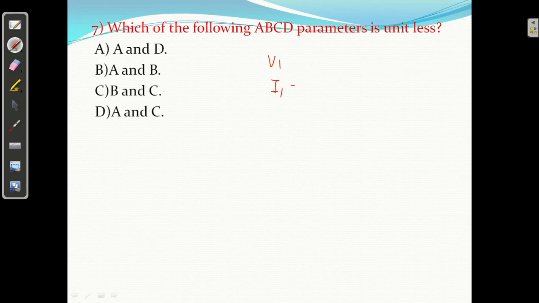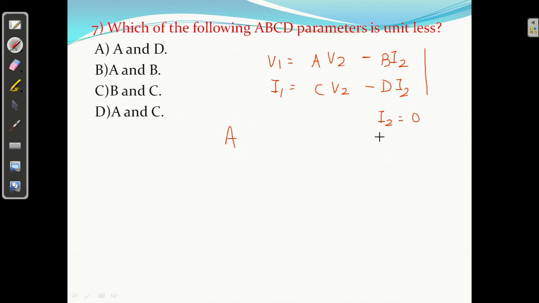V1 and I1 are represented in terms of V2 and I2, with a minus sign, A, B, C, D. These are the standard equations. Now A equals what? If port 2 is open, I2 will be 0. So A equals V1 upon V2. What does that mean? Unitless. So A is unitless.